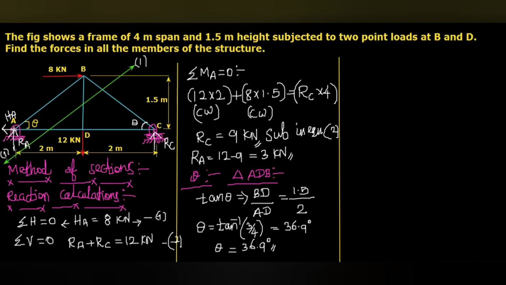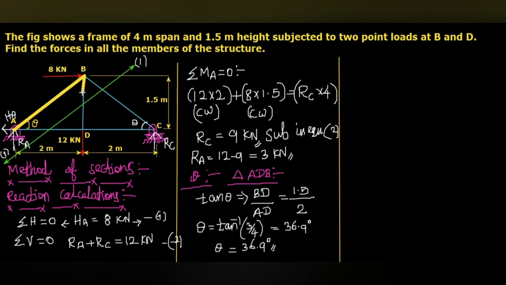That means we have to consider the members and forces on the left side of the section line. Here you can see AB is a whole member at the left side, and the section line does not pass through the member AB, so that force we don't want to consider.